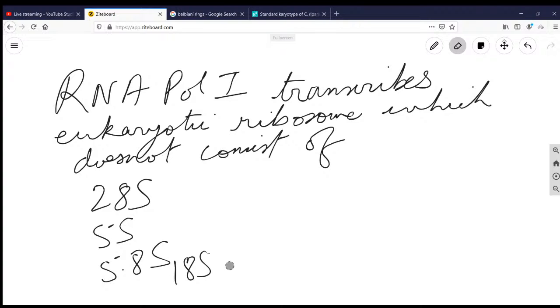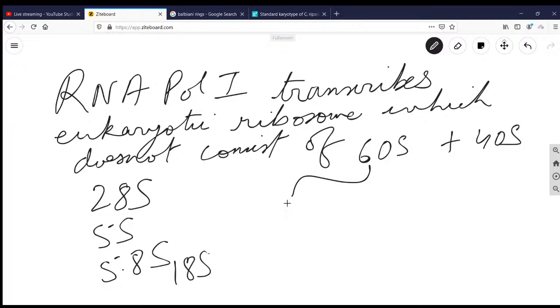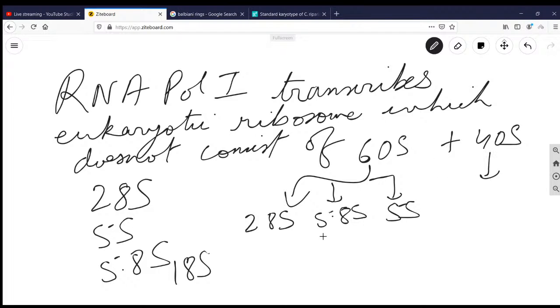So we must know that eukaryotes have 80S ribosomes made up of 60S plus 40S. The large subunit is made up of 28S rRNA plus protein, then 5.8S and 5S plus proteins, and the small subunit is 18S.